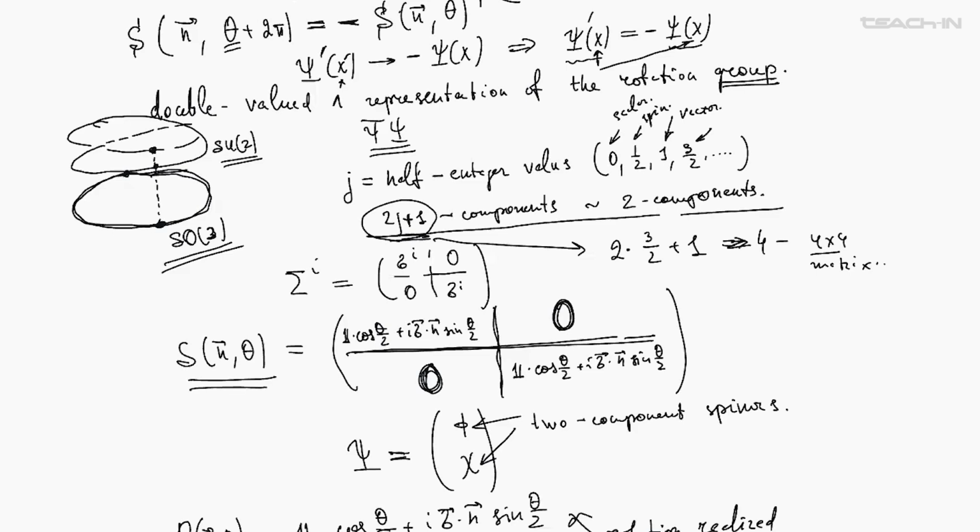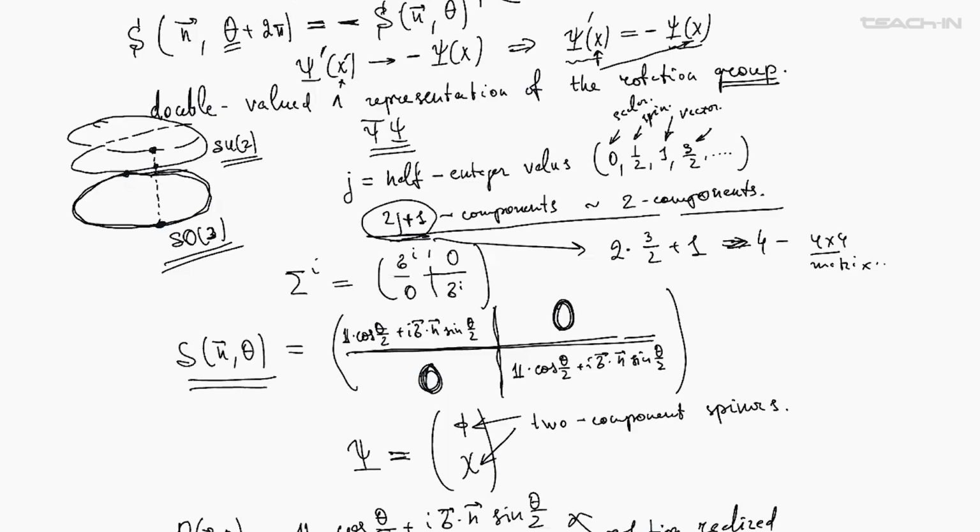And this classification of irreducible representations of the rotation group tells us that any such representation is uniquely characterized, up to unitary equivalence to be exact, by a half integer number, which is called spin. And if you fix this number, then the dimension in which you realize this representation is related to spin by the formula 2j plus 1. This will be a representation realized by matrices of dimension 2j plus 1 cross 2j plus 1.